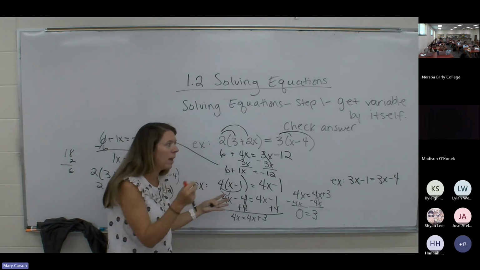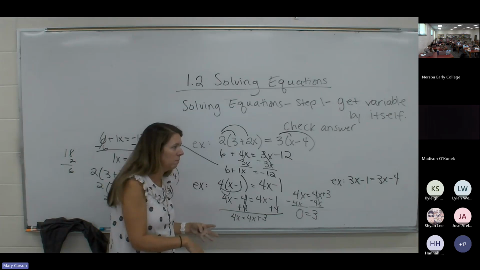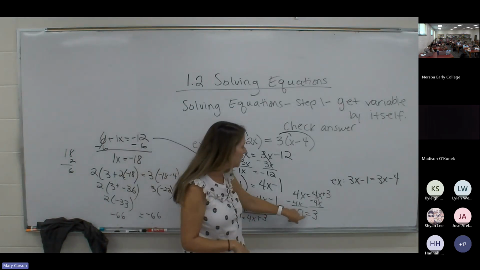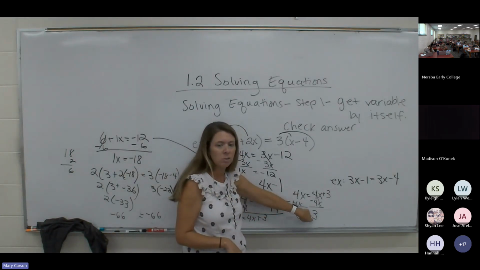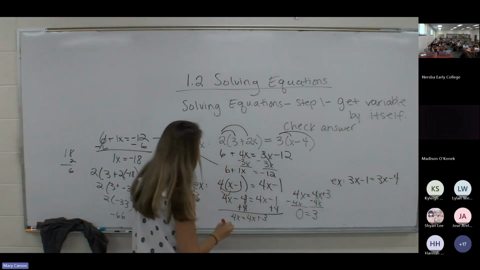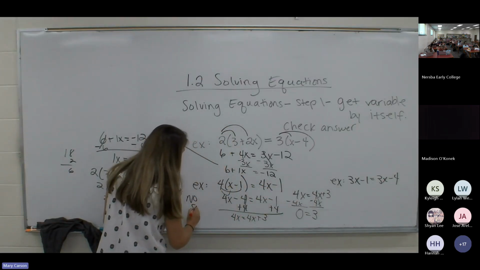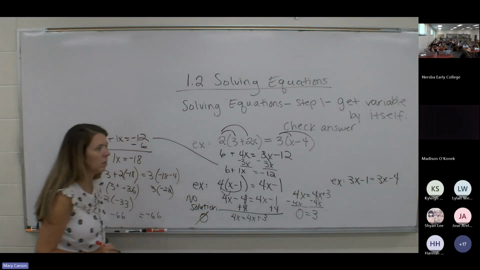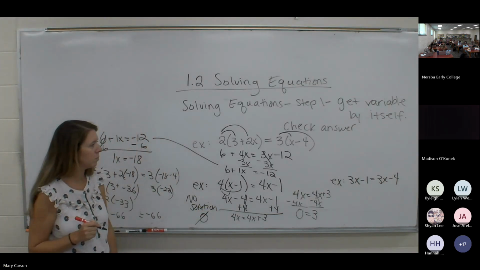There's not a variable I could plug in there that's going to give you the same number. So if 0 is not equal to 3, what do you think our answer is going to be? It's going to be no solution, okay? So we can write no solution, or you can also use this symbol that looks like that with a little knot through it.